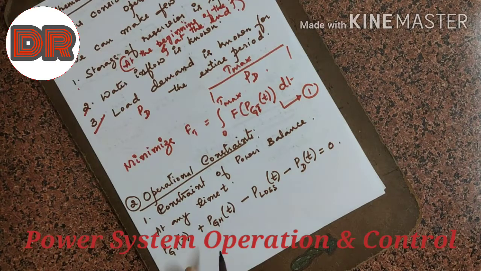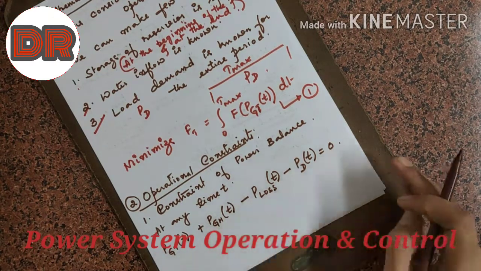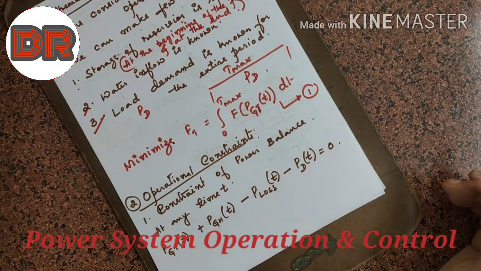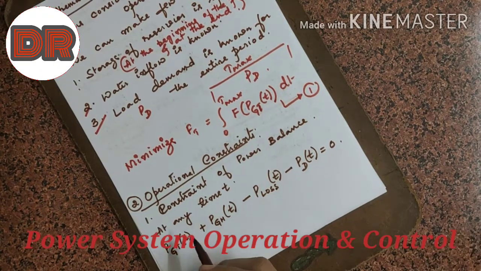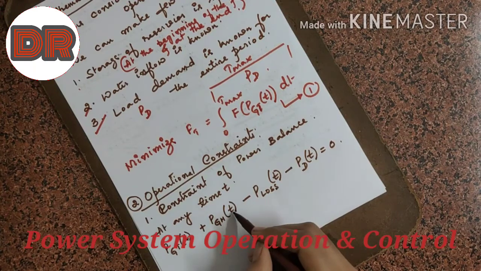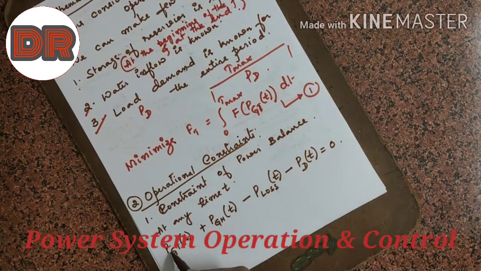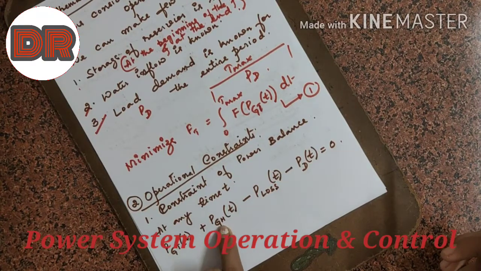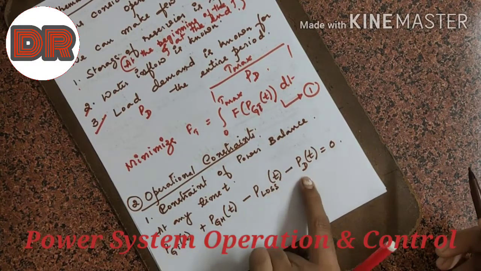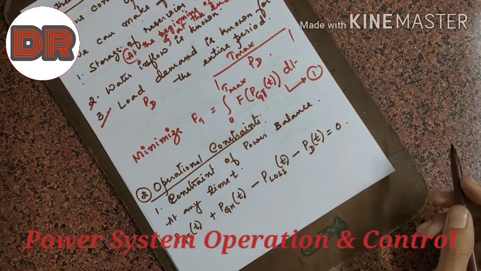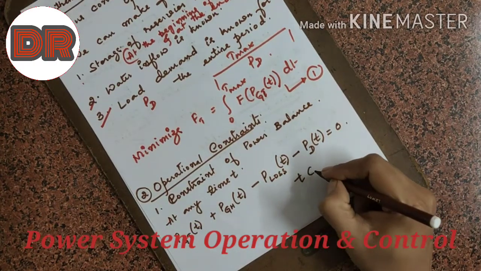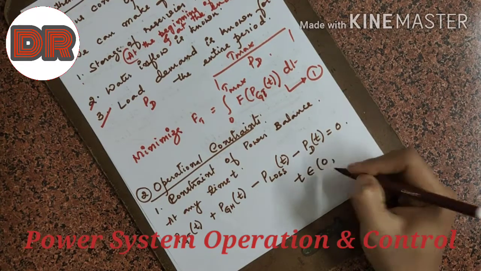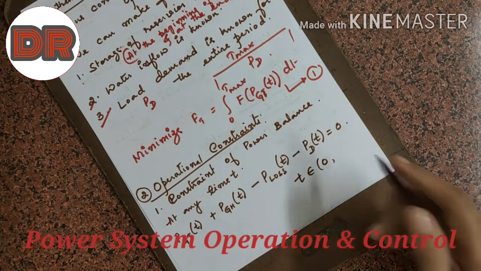You can also write Pgt plus Pgh is equal to P loss plus Pd. Since we have taken any time t, I have taken this as a time dependent function. So Pgt at t, Pgh at t, P loss at t, Pd at t. So this is a power balance equation. So you can also write where t belongs to the interval 0 to Tmax.